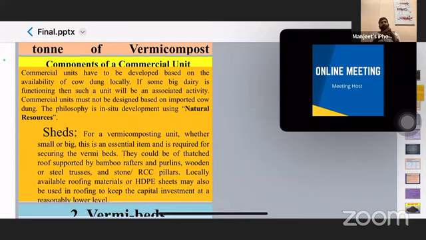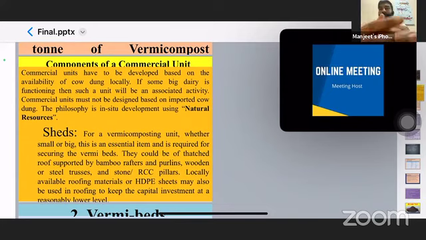So for starting a commercial unit, what are the major points we need to consider or focus on? First of all is the shed. For a vermicomposting unit, whether small or big, a shed is an essential item required for securing the vermi beds.